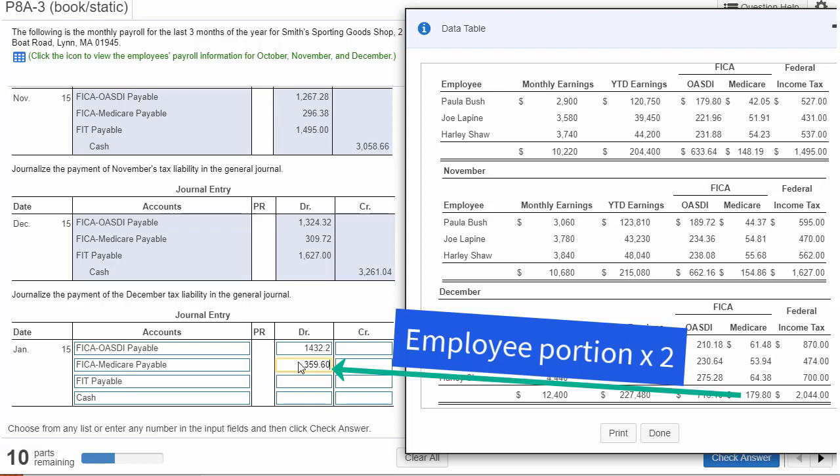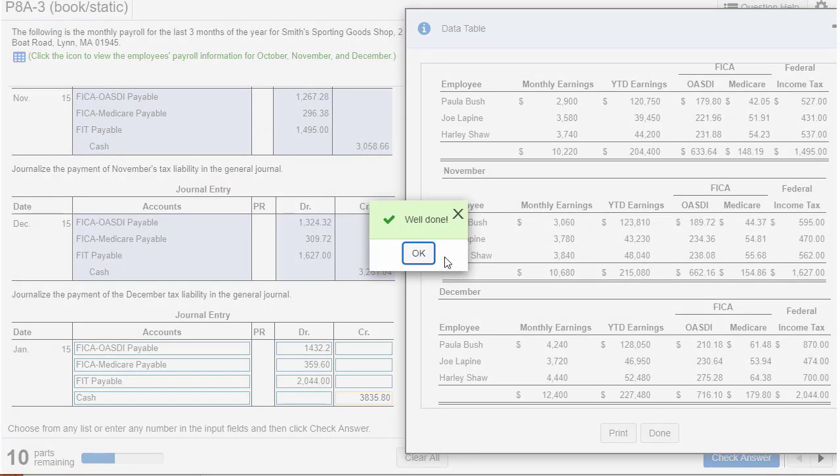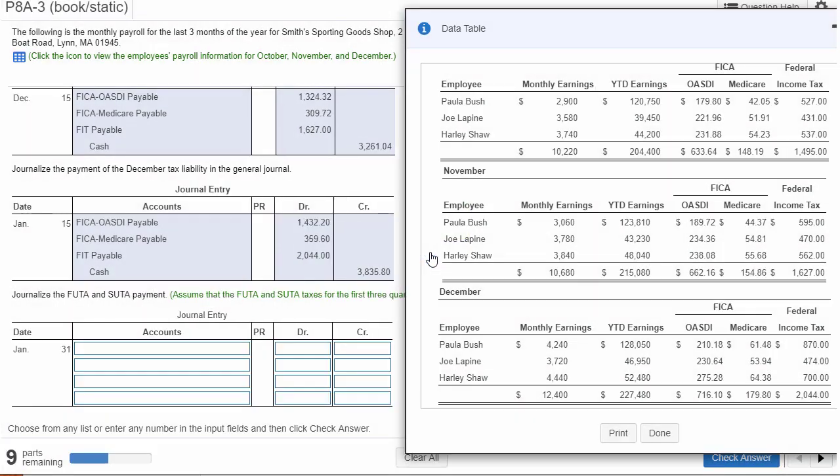And if you really like to put in the zeros, you can. And then we have to get rid of the FIT payable, 2044. Add these three debits up, and our cash is going to be going down when we pay these taxes, 3835.80. Well done. All right.